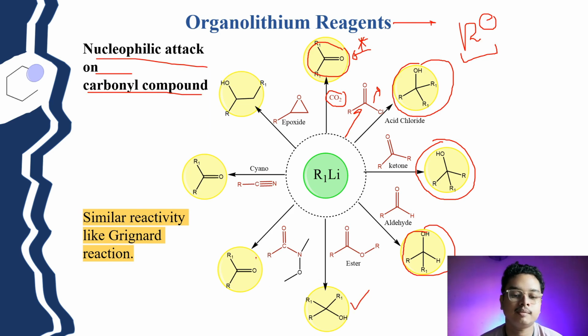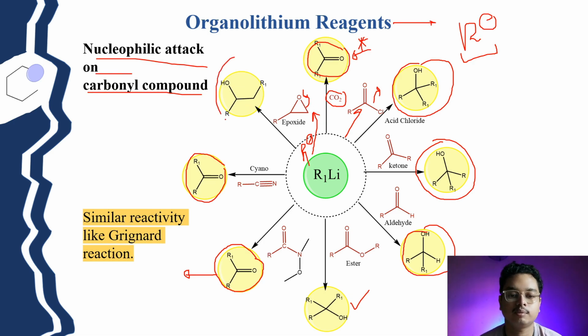It reacts with Weinreb amide to give initially a ketone compound, and after that it will again go for one more reaction to give the tertiary alcohol. Cyano compounds also give the corresponding ketone compound, and epoxide shows attack at the less substituted site by this R1, and epoxide opening takes place.